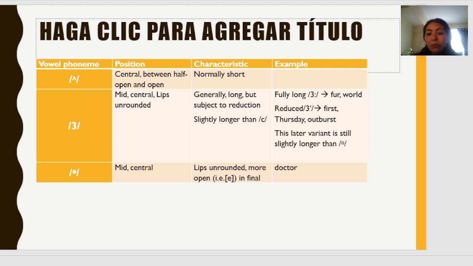Examples, fully long, for, reduced, first, Thursday, first. This later variant is still slightly longer than the other variant. And the last one is the position mid and central. Characteristic lips unrounded, more open in final. For example, doctor.